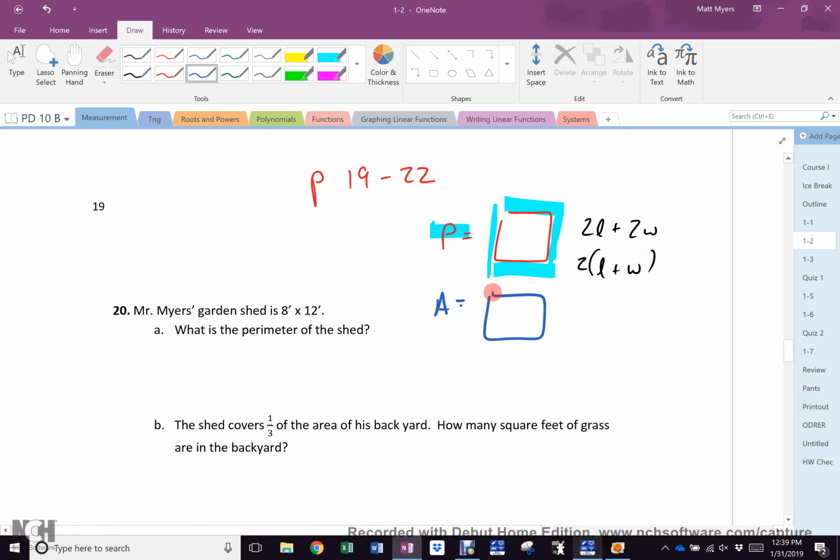Area is this, which is length times width. And you are going to do pages 19 to 22 for homework starting now, which gives you 25 minutes to finish it. Finishing 22. It's always inclusive, Sebastian.